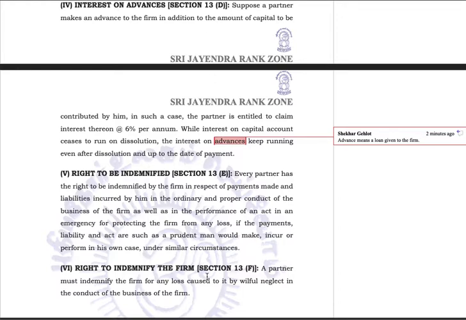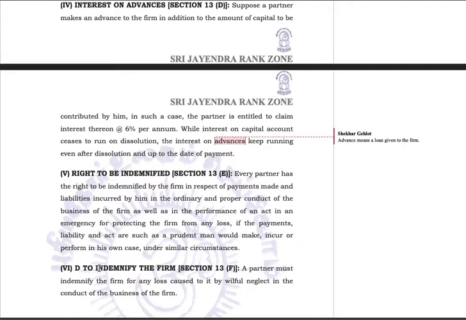Right to indemnify the firm. A partner must indemnify the firm for any loss caused to it by willful neglect in the conduct of the business of the firm. This is basically, we should call it a duty. This is a duty, not a right. And if we call it a right, then it should be the right of the firm to be indemnified.